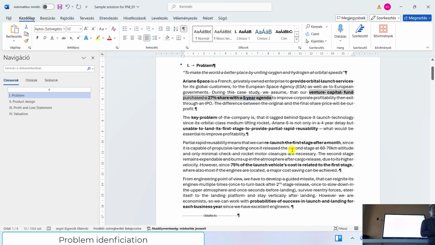And this is our assumption. The added value here is that we are assuming we are buying a nice package in this company. So we are buying ourselves in next to Airbus and Safran, as a venture capital fund. Practically, venture capital funds always have this 5-year investment horizon.